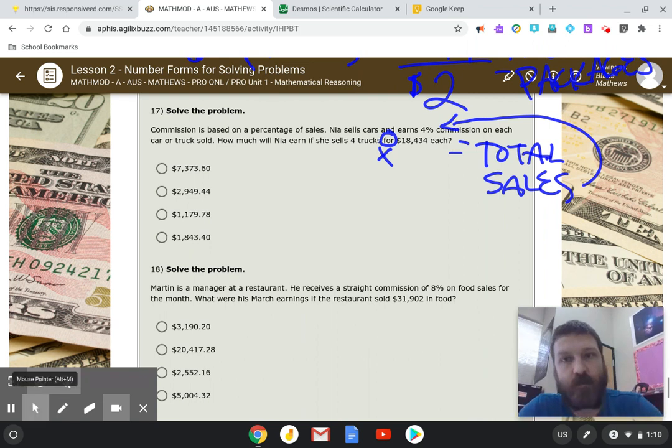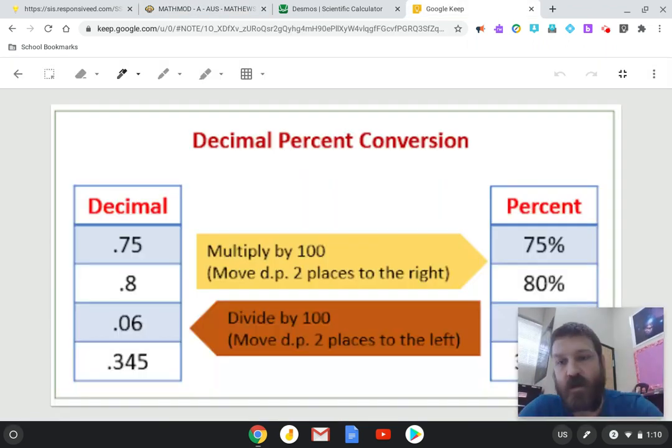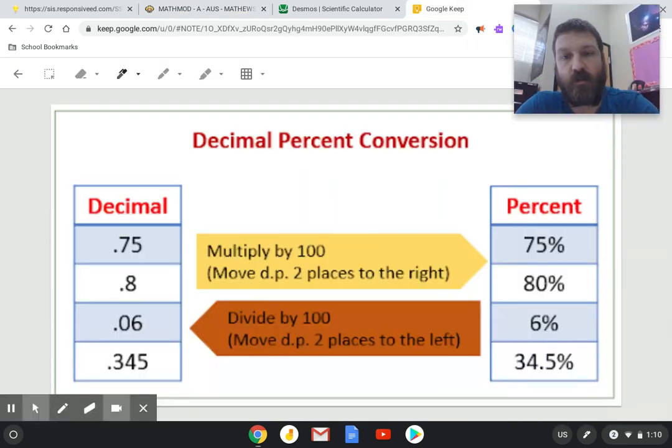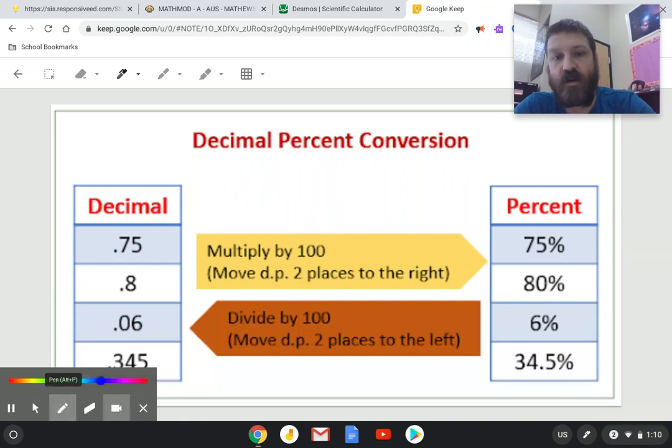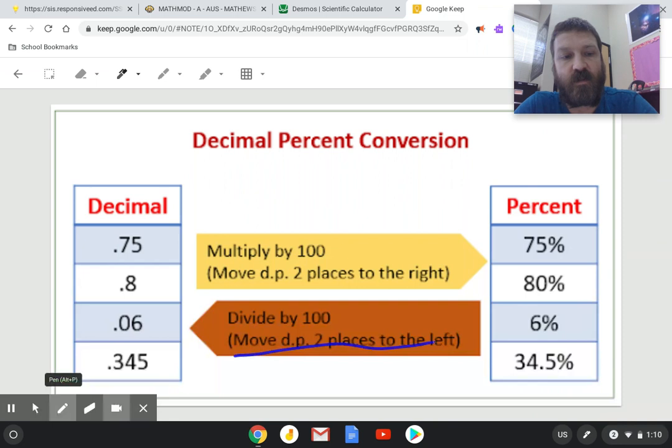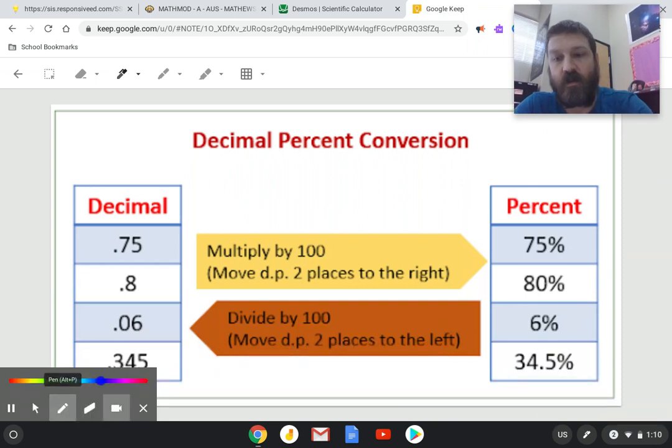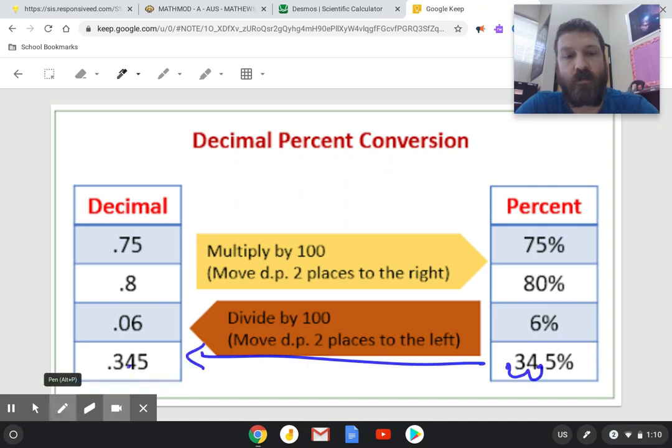So I'm going to jump to another tab real quick so you can see how to convert from decimal to percent or percent to decimal. Well, if I know the percent, I move the decimal place 2 places to the left, or in other words, divide by 100. So this becomes 0.345. 75 becomes 0.75.